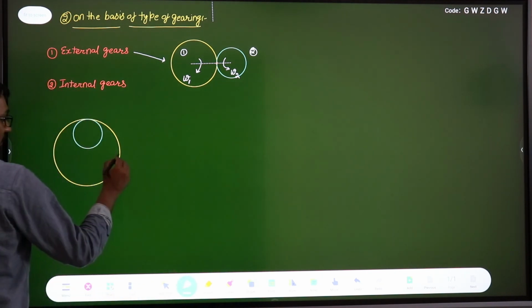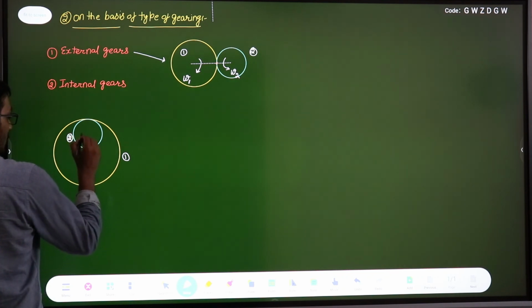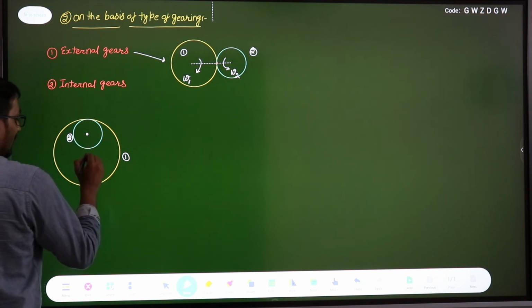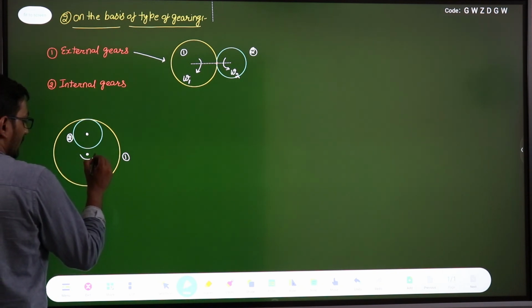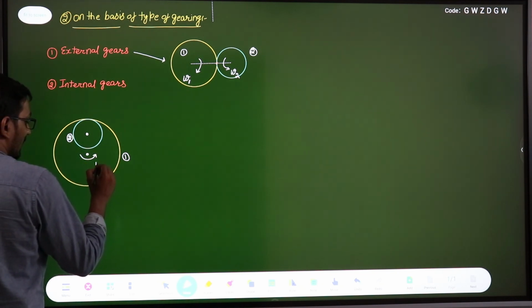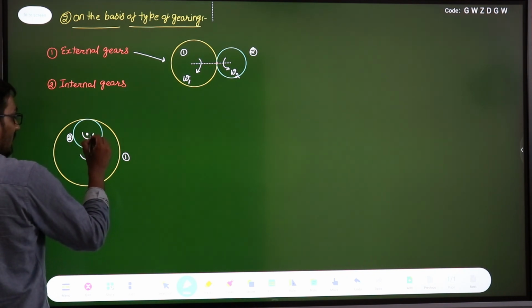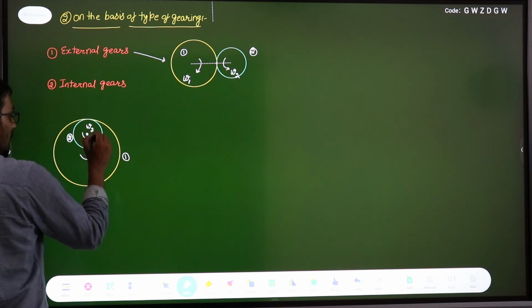This is the center point. Here is the shaft for gear 2, and here is the shaft for gear 1. So if this gear 1 is rotating in anti-clockwise with an angular velocity omega 1, then this gear will also rotate in the anti-clockwise direction with an angular velocity, let us say omega 2.